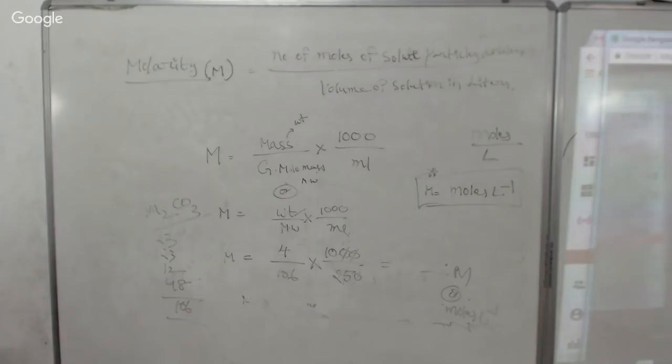Just write down, children, fast. Complete this numerical. Clear?